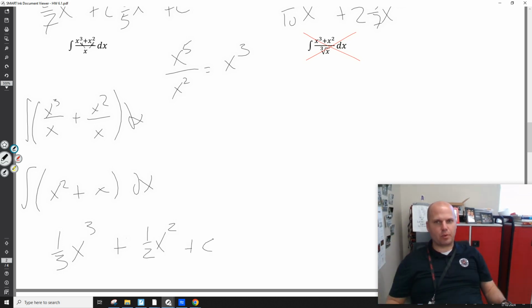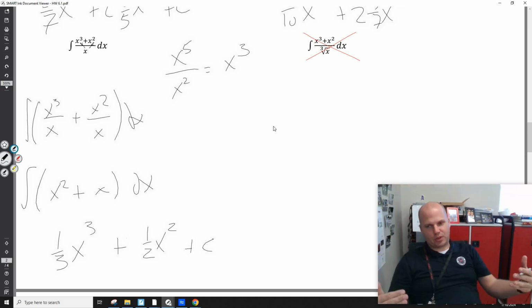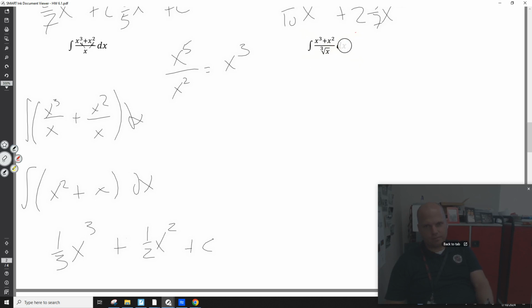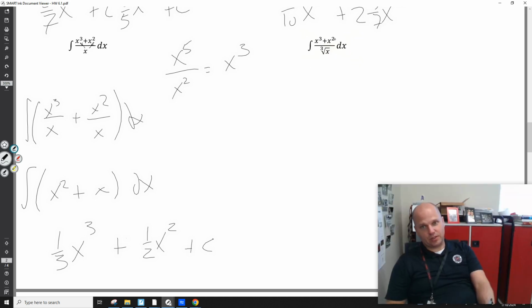Keep derivatives in your brain. I'm going to skip the next one, but it's the same deal. 6/3 minus 1/3 is, I'll do it. Gosh darn it. It's not 6/3. It's 9/3 minus 1/3, which is 8/3.